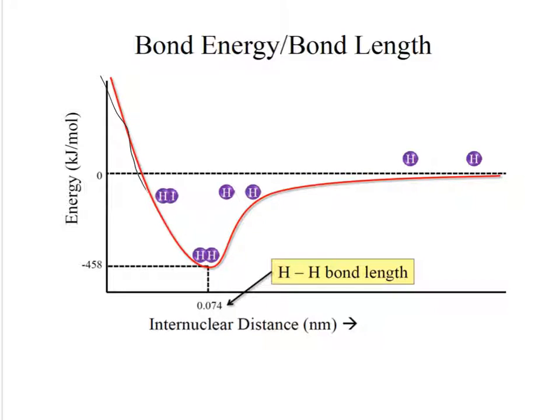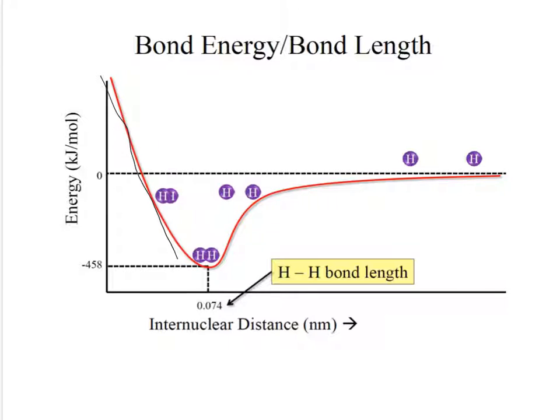So they're getting closer, energy is decreasing. The kinetic energy of the valence electrons decreases as attraction for the nucleus of the other atom increases, and their motions become more concentrated in the region between the two nuclei. The potential energy decreases as attractions between the nuclei and the valence electrons pull the nuclei closer together. The energy that is lost is released as heat during the formation of the bond. And so the energy that is lost during the formation of the bond is equal to the energy required to break the bond.